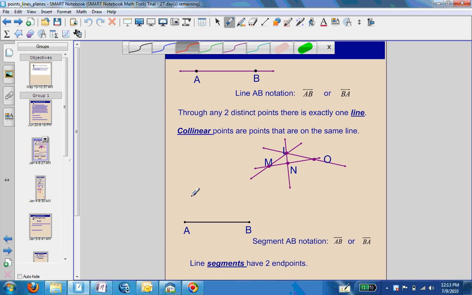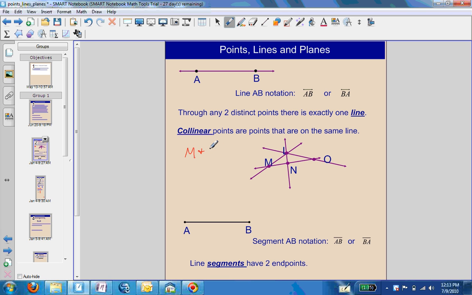We have M and L, M, N, and O. So you can have several points that are collinear. We have L and N, and there may be some more that I haven't mentioned, but anytime you have two or more points that are on a line, those are considered collinear points.